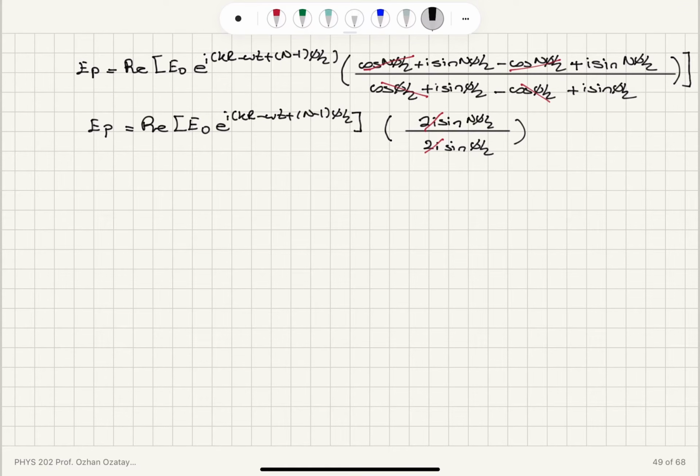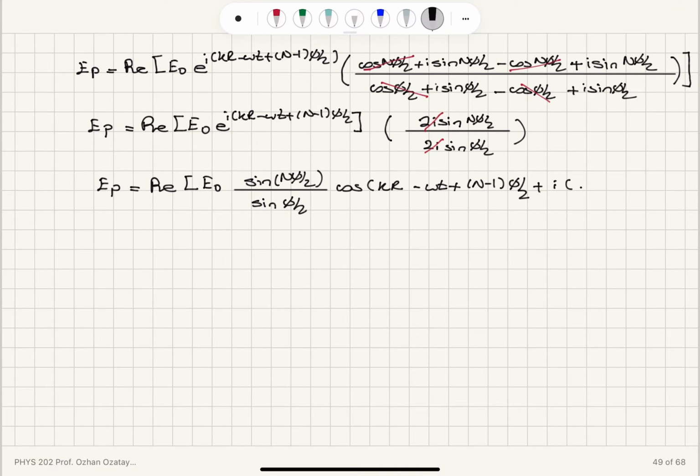So I will obtain the electric field at point P as the real part of E0 sine N phi over 2 divided by sine phi over 2 cosine(kr minus omega t plus (N minus 1) phi over 2) plus the imaginary part.